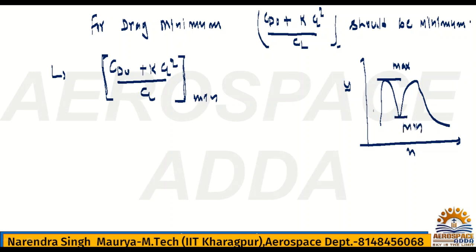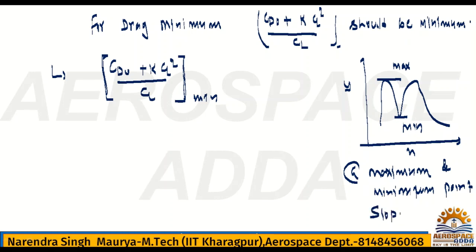So at maximum and minimum point, what is the slope? Slope will be 0. Yes or no?